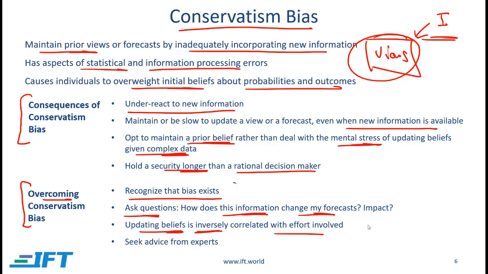Just because something is difficult doesn't mean it should not be done. So what should we do? We should try to perform a careful analysis where we incorporate new information that comes in. And if this is difficult for us to do, then we should seek advice from experts. So these are some thoughts on what is meant by conservatism bias, what the consequences are, and how we try to overcome conservatism bias.